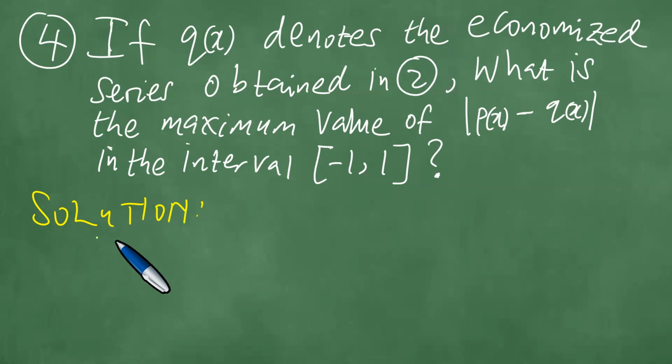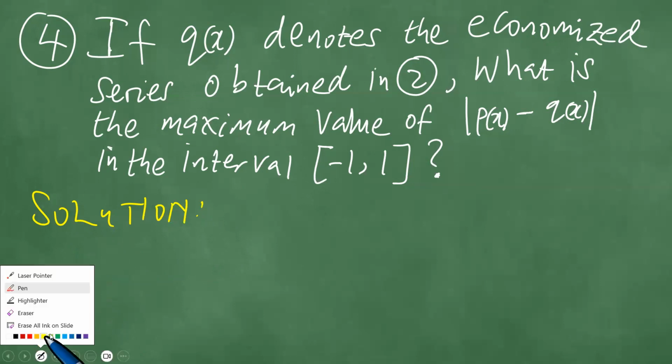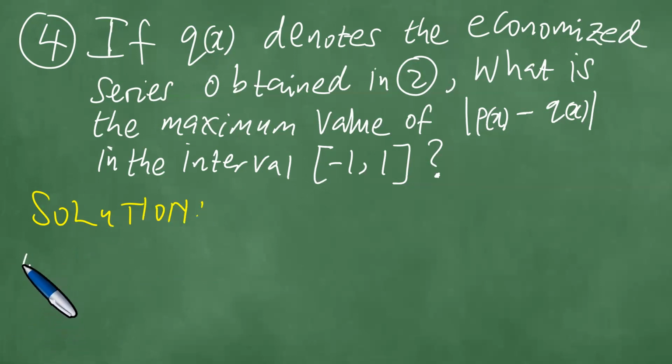Now, a couple of things remain very important. Q of x is the economized one.